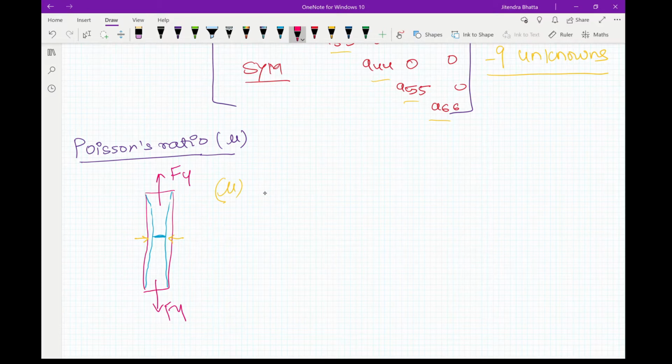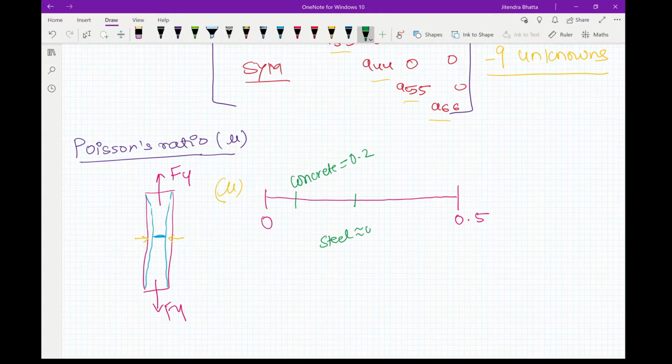In naturally occurring substances or materials, Poisson's ratio varies from 0 to 0.5, where concrete will be 0.2, steel will be around 0.3, and rubber will be around 0.5.